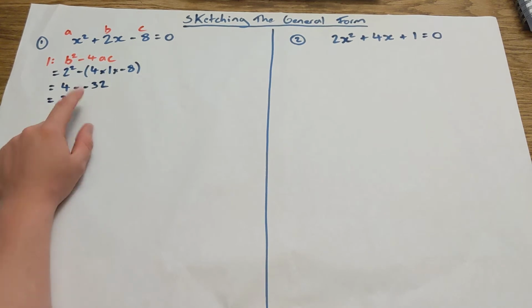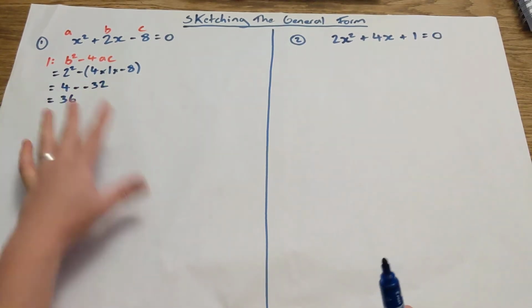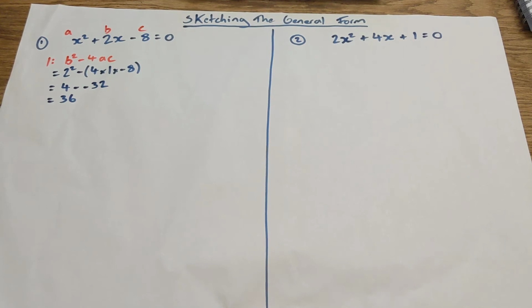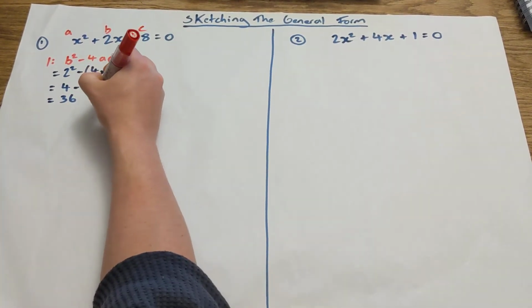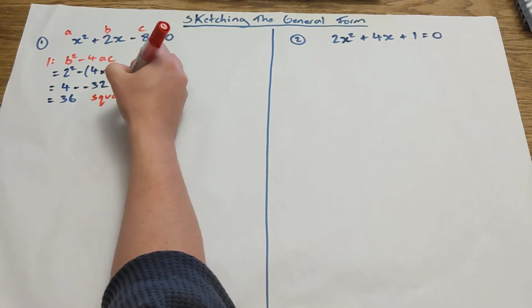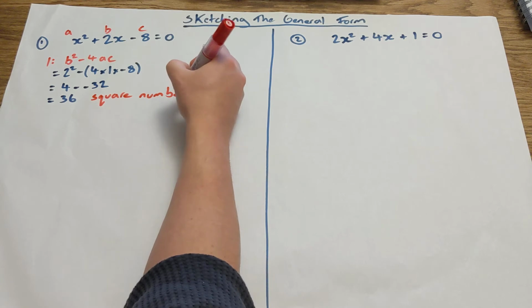Now, if we remember back from the last video, if we've worked out the discriminant and it's greater than 0, that means there are two distinct roots, two roots that are different to each other. However, I'm going to introduce a new rule. 36 is a square number, because 6 times 6 equals 36.